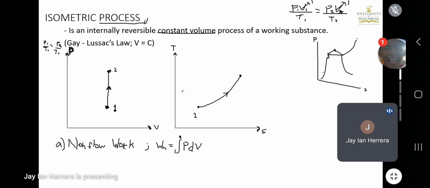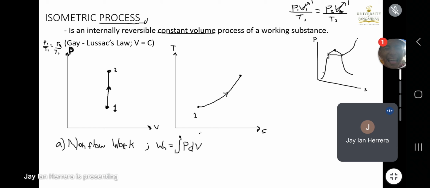So since in this type of process, the volume is constant, therefore the change in volume here, magiging same lang yan. 2 and 1 is gonna be the same.